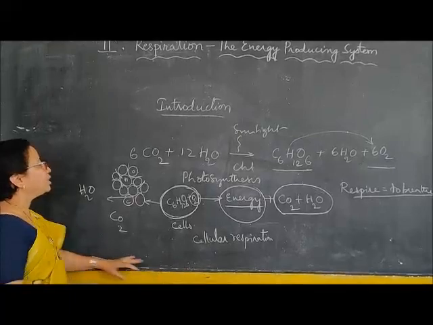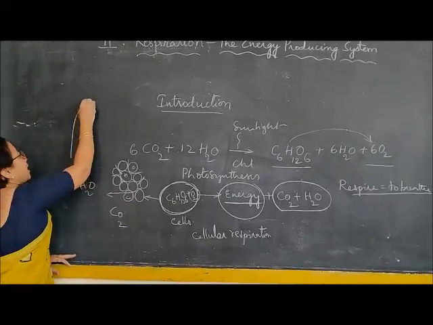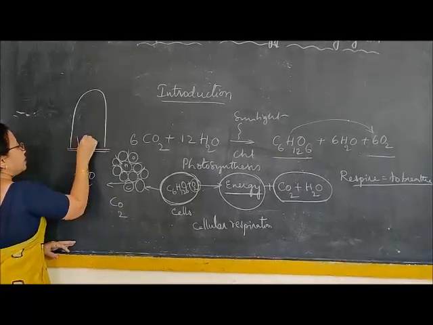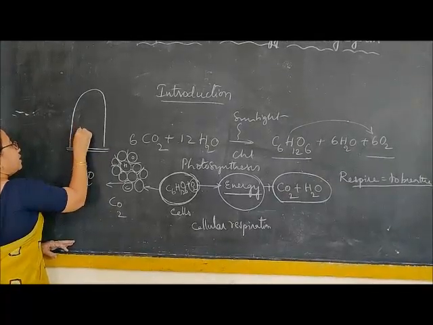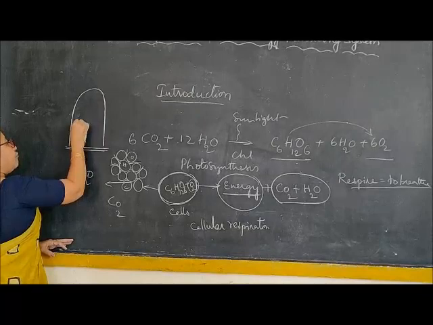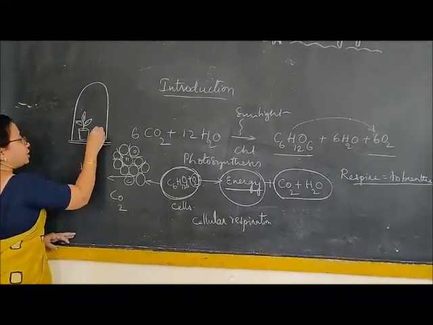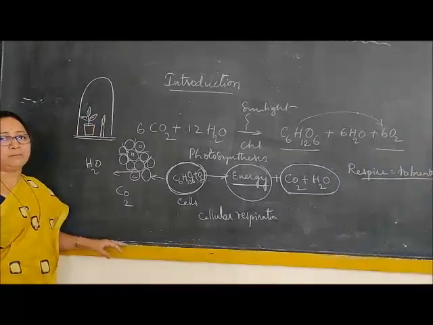Through his bell jar experiments, he proved that there are two components present in the air. One is responsible for food preparation by the plants, and the other one is responsible for burning and breathing.